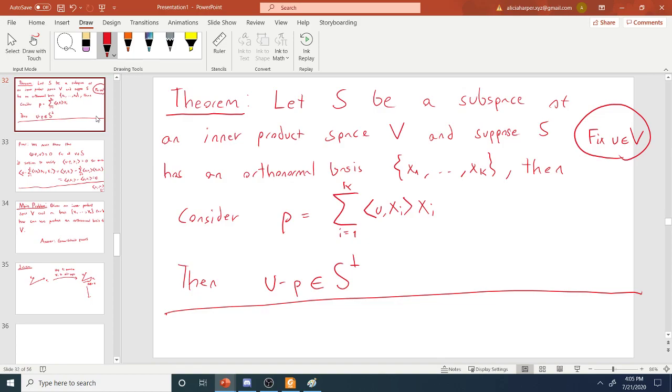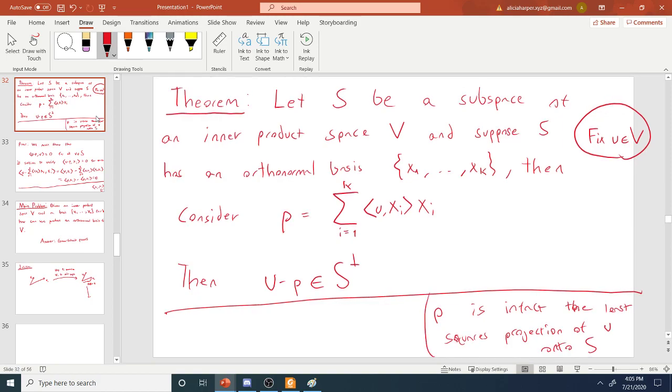And in fact, going back here, p is in fact the least squares projection of u onto S.